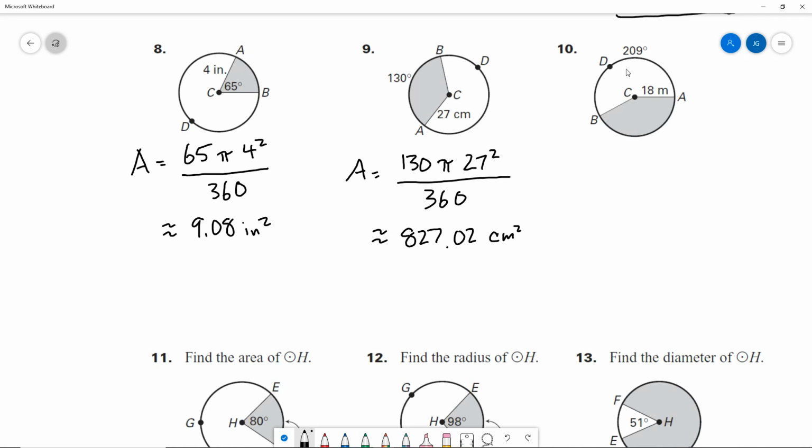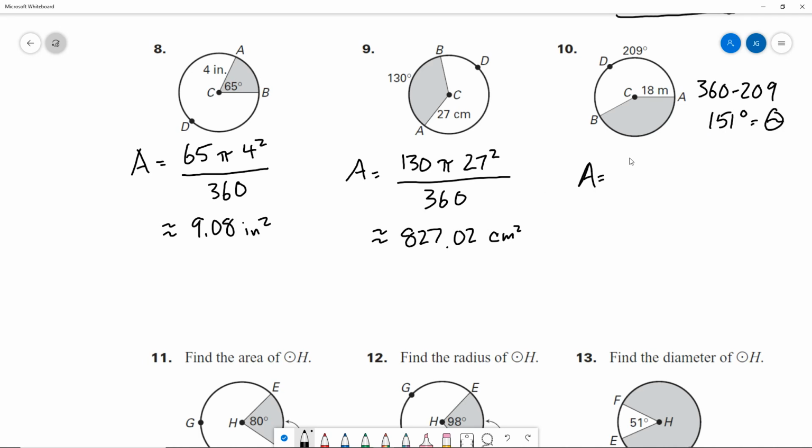And finally, on number 10, here again, the trickiness is that we have the angle for the white part. We need to find the angle for the gray part, and that just requires us subtracting what our known angle is from 360, and in this case, that means that 151 degrees is going to be our theta.